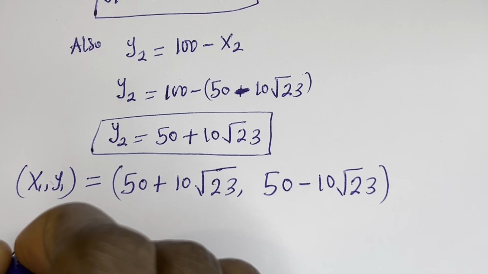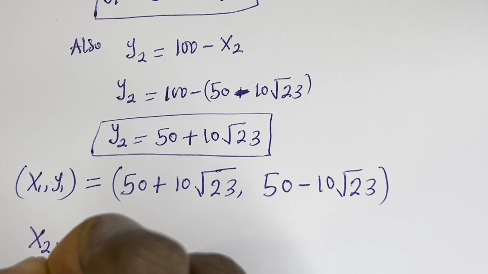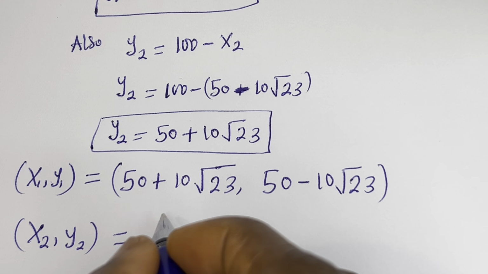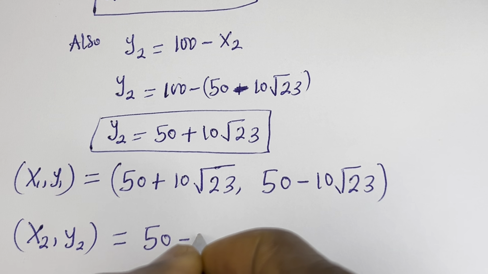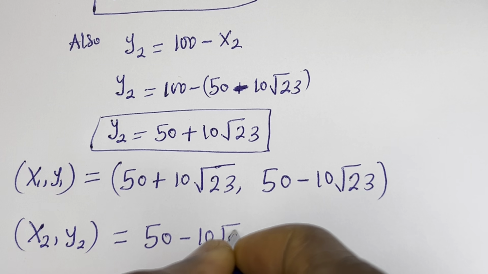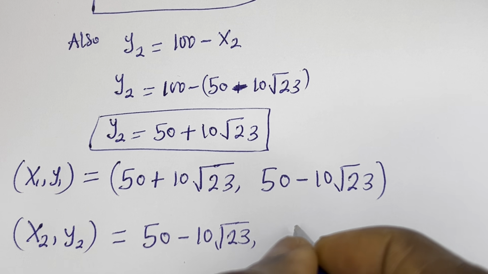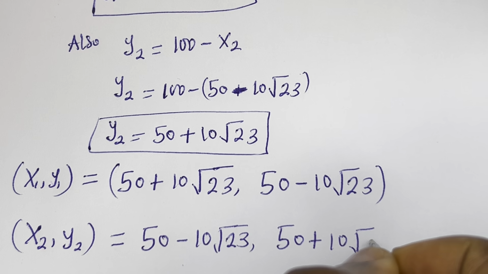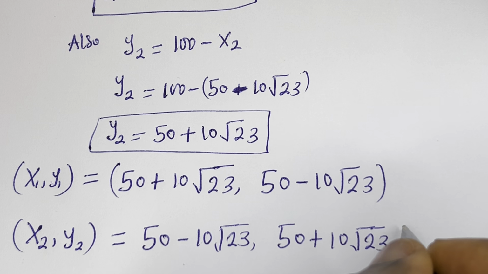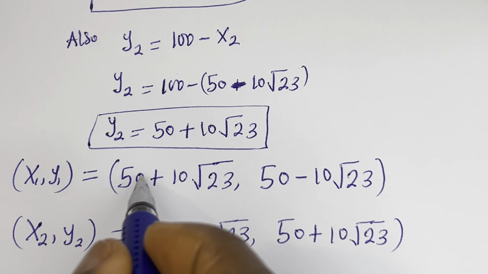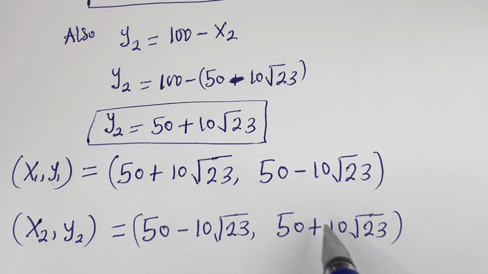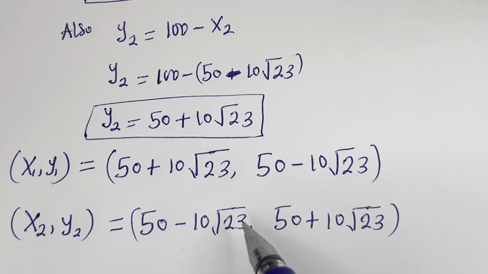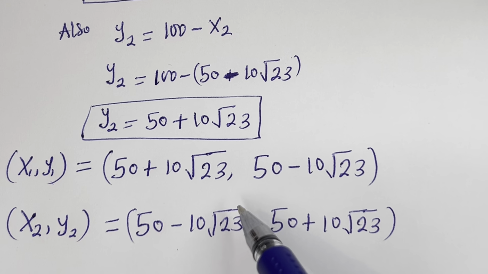Then x2 comma y2 is equal to 50 minus 10 square root of 23 comma 50 plus 10 square root of 23. You can see that from here, the value of x1 here is equal to the value of y2 here. And here, the value of y1 here is equal to the value of x2 here. If you check, you will also get the same answer correctly.